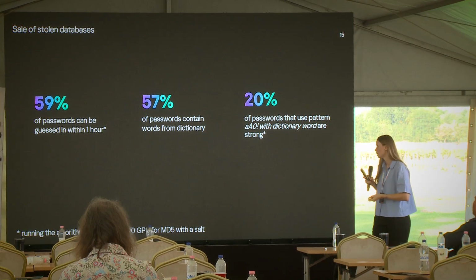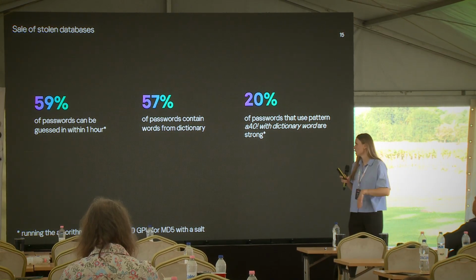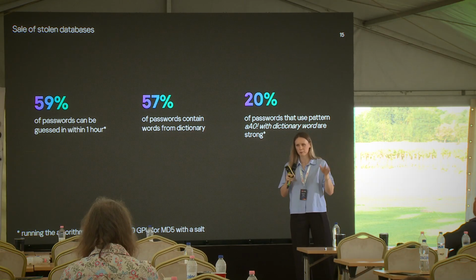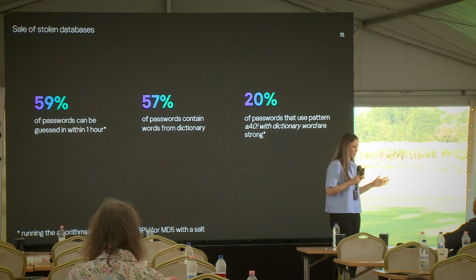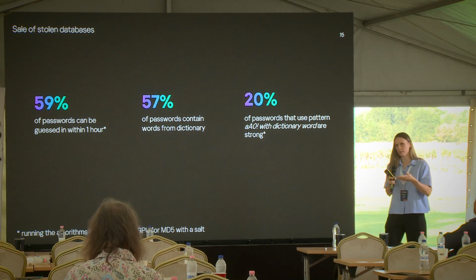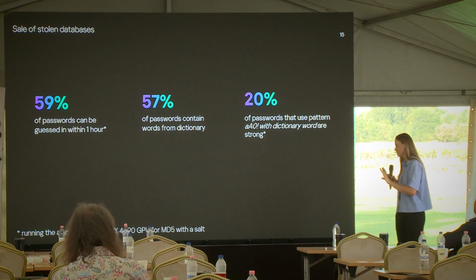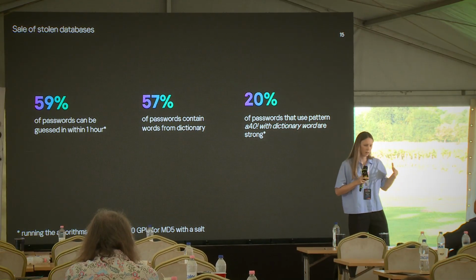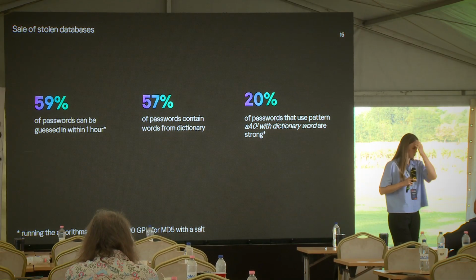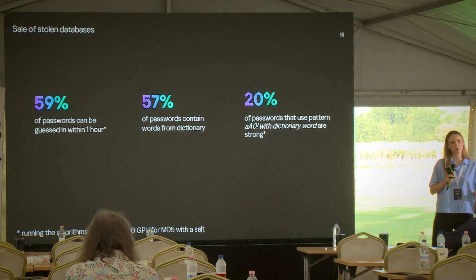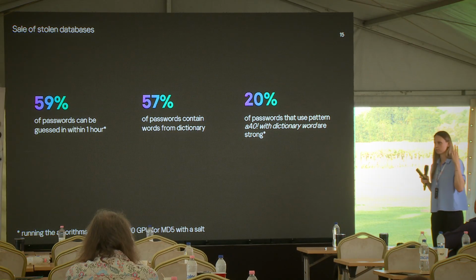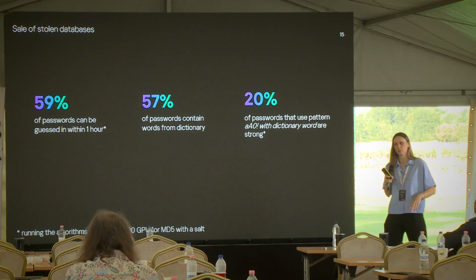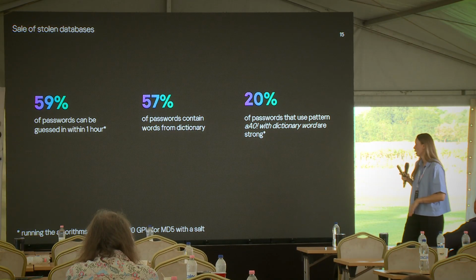And it turned out that 59% of all compromised passwords from all data breaches can be guessed with on-hand instruments, let's say so, within 1 hour. It means that the users in these databases use super weak, super easy to guess passwords.